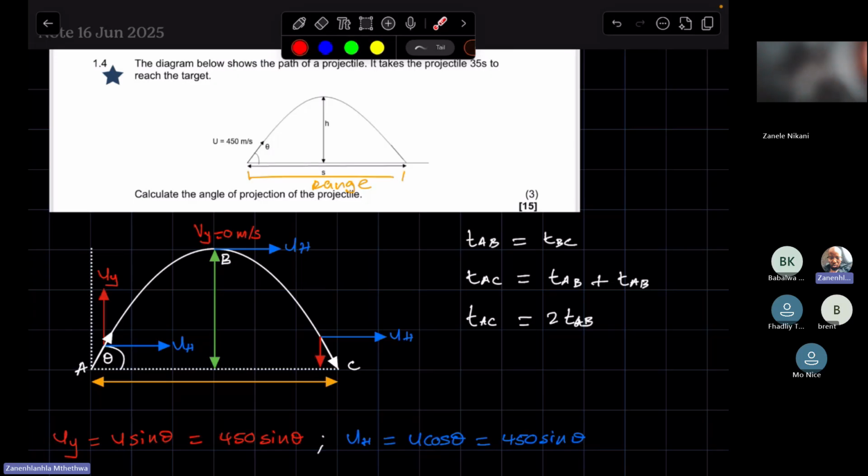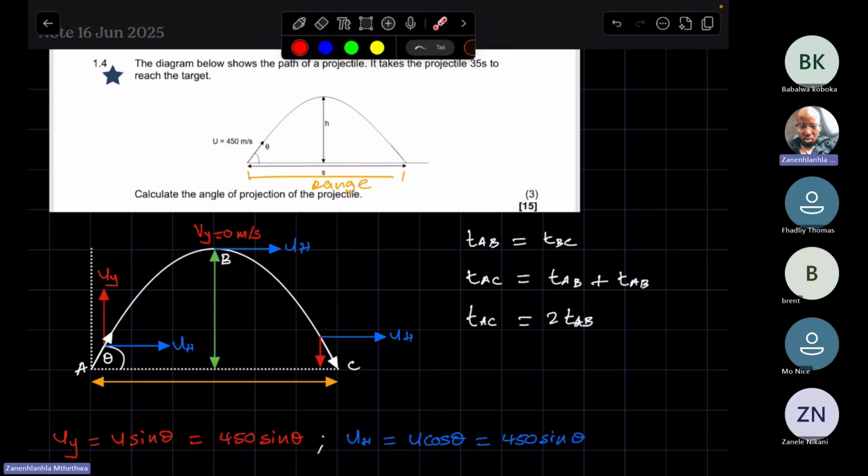It means that they want us to calculate the angle of projection when the range is such and such. Are we clear? Yes. Right. For problems based on projectiles, always use the given information, especially for questions where they want us to calculate the angle of projection.